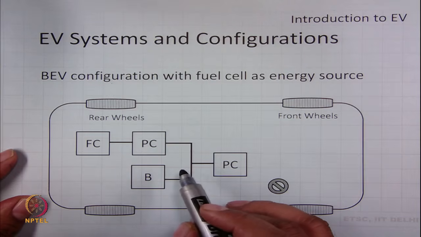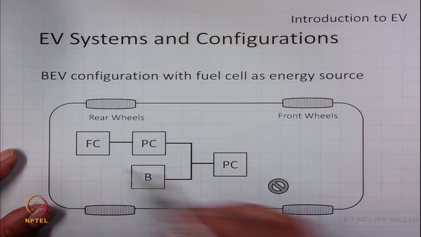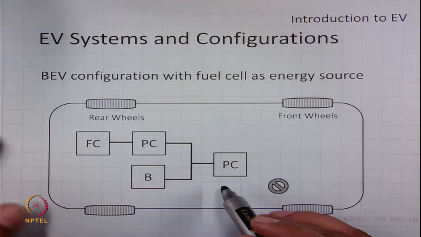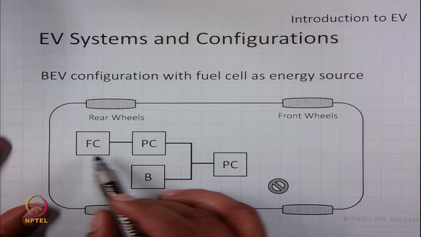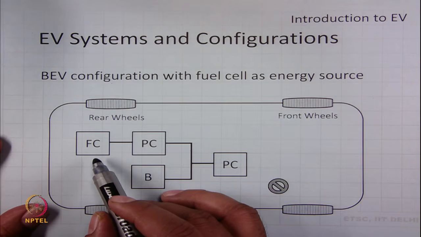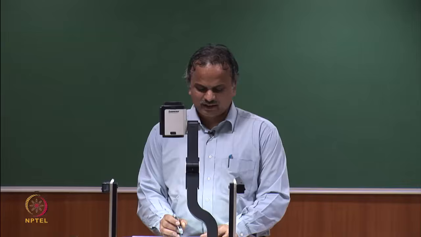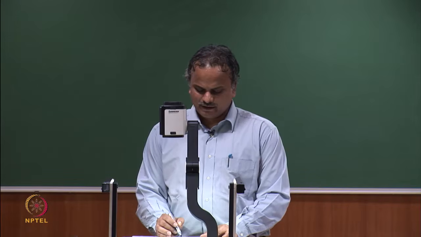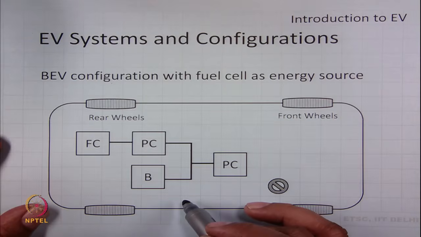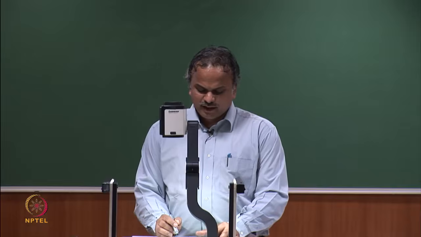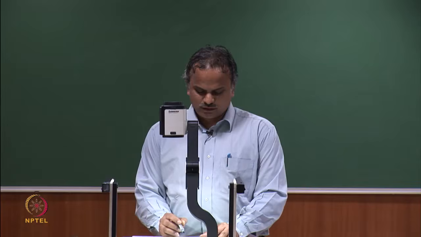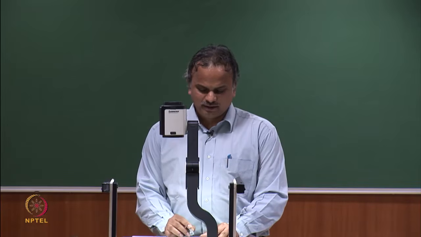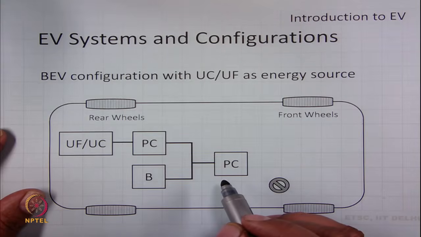There is a similar requirement for a fuel cell based vehicle, because we all know that fuel cells are not storage devices, these are energy generator devices. So, it always needs the support of a battery for storing the regenerative braking energy. A very similar configuration is also used for ultracapacitor and ultra flywheel based BEVs.